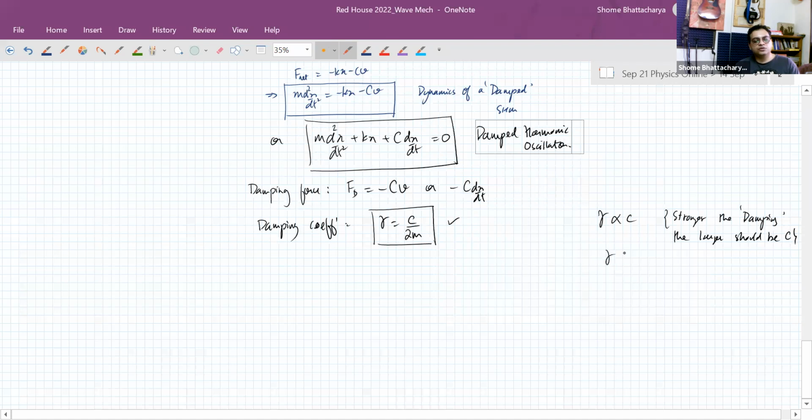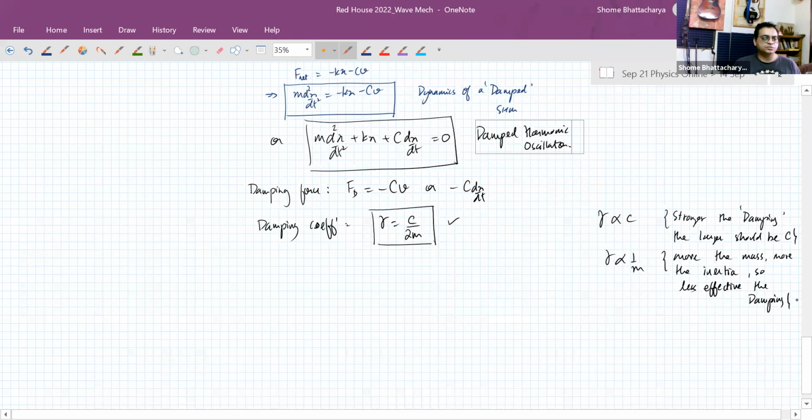But also this damping coefficient is inversely proportional to mass, because the more the mass, the more the inertia, so the less effective the damping. Okay, so that's one way to remember that it's proportional to c by m.